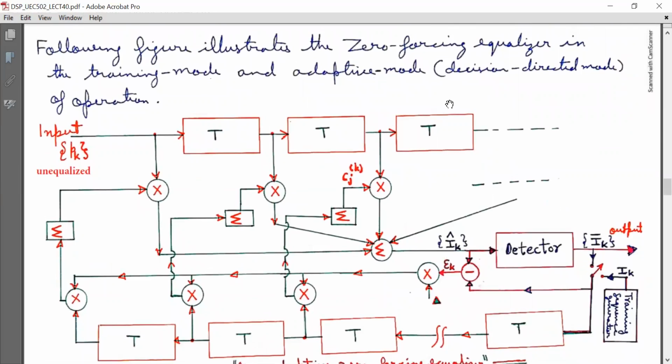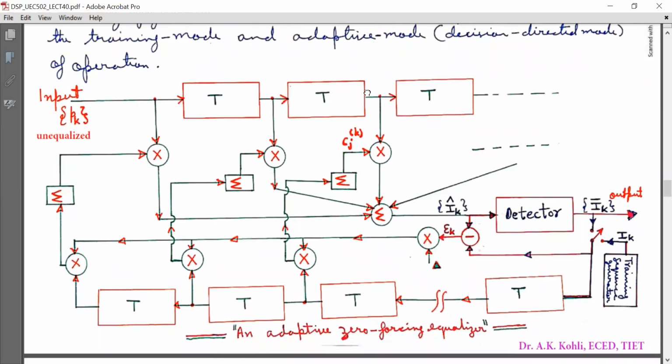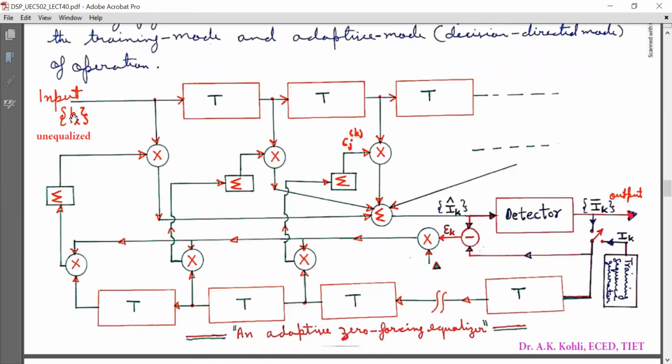The following figure illustrates the zero forcing equalizer in the training mode and in adaptive mode, that is decision directed mode of operation. Now look at this. Input is Pk, which is unequalized and given to the equalizer. This is delay element, this is multiplier, and this is detector.